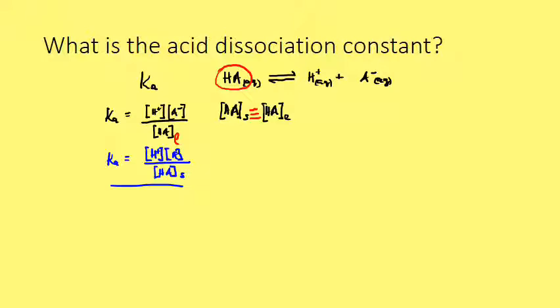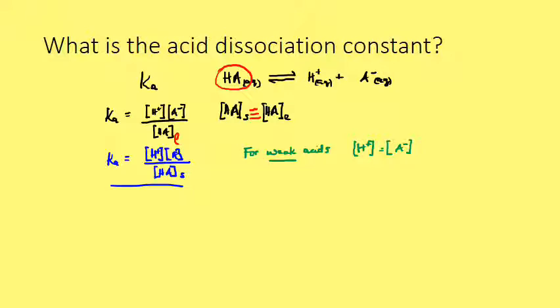And we can simplify this expression one step further for weak acids. So I'm going to write that down so that I emphasize it. So just for weak acids, what we can say is that our hydrogen ion concentration at equilibrium is the same as our A- concentration.